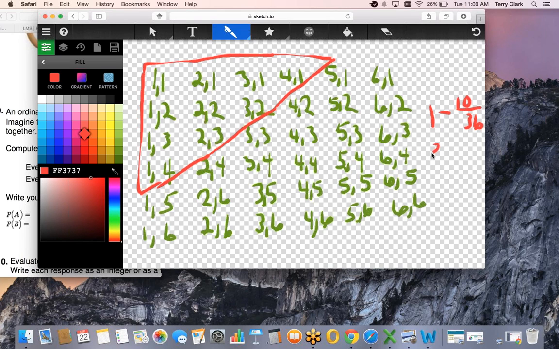But here we're just going to say 36 over 36 minus 10 over 36, and that's going to give us 26 over 36. Then we divide both of these by 2, and that gives us 13 over 18.